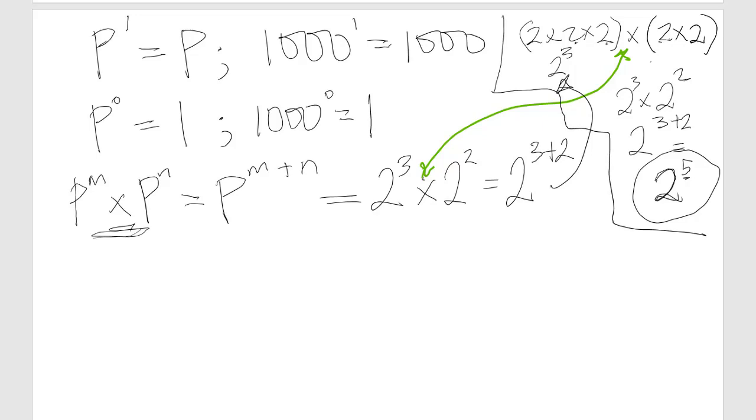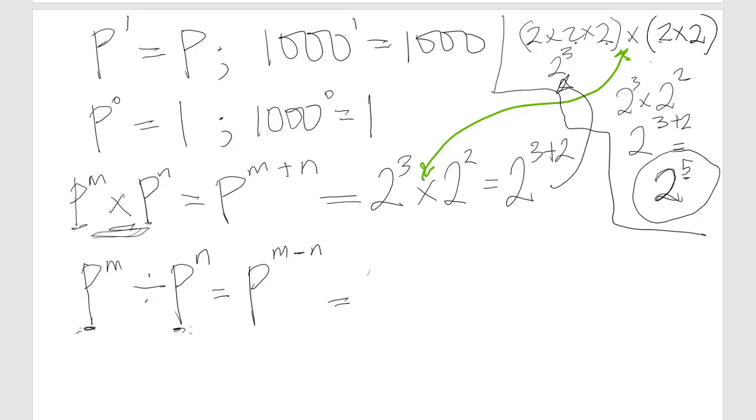So we move to the last law of indices, which says P raised to power M divided by P raised to power N should give you P raised to power M minus N. Once the bases, these numbers, are the same, you do this.